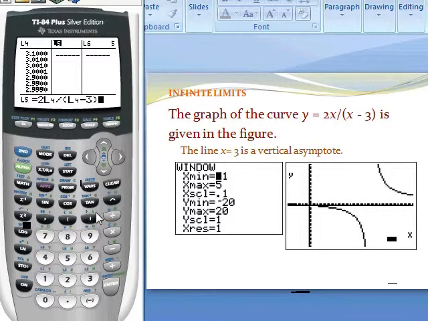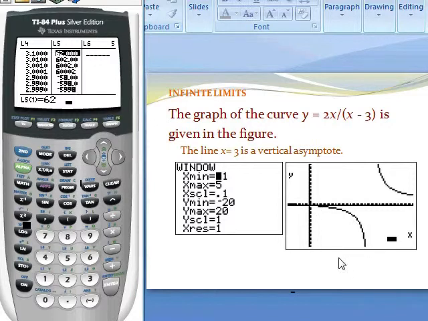Here we go, and let's push enter. Look at the values, 62, 602, and so forth. It gets very, very large, indicating that it's positive infinity. And here, it's a very large negative number, negative 6,000 or so, indicating negative infinity.